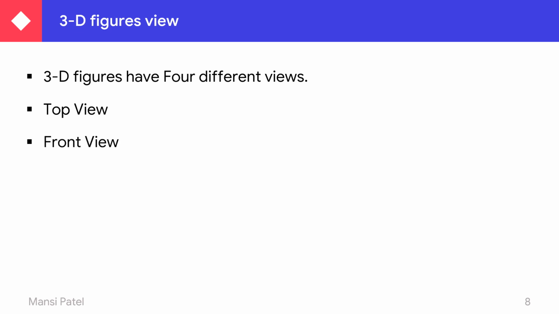Front view. We can say that the front view is what we see in front of our eyes. That image stands in front of us, so we also see a partial image. That partial image is known as the front view. Then side view.